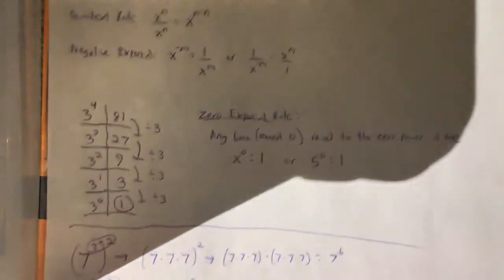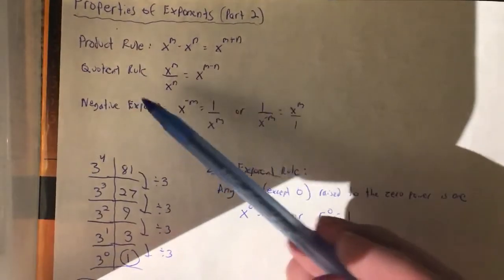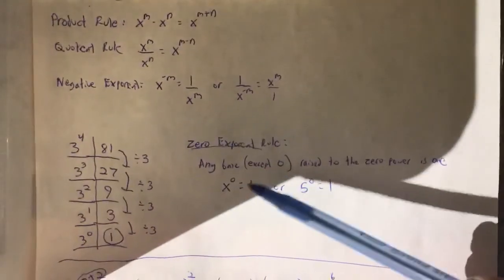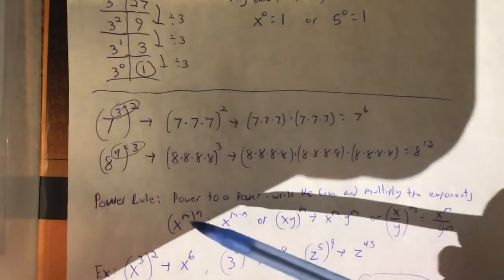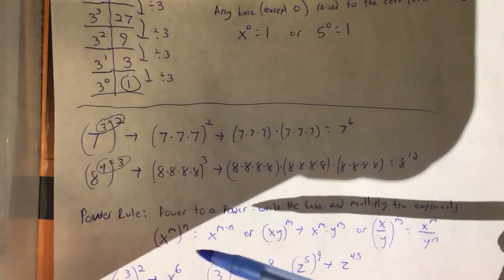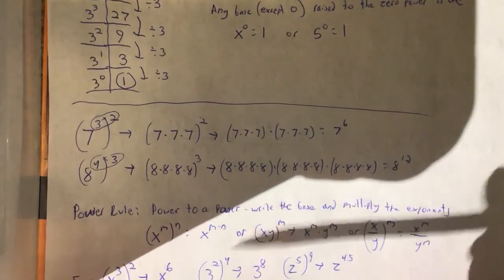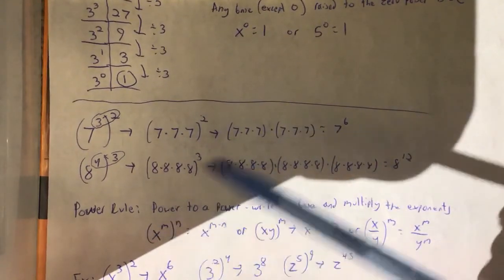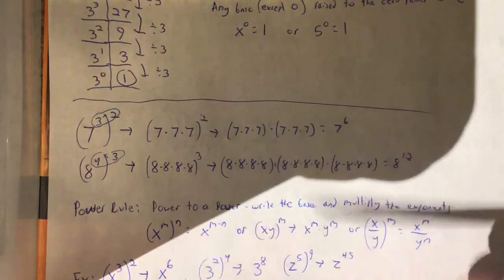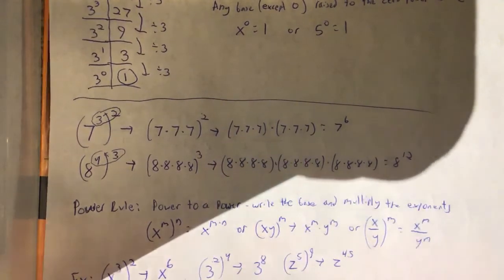So again, you now have 5 properties: the product rule, the quotient rule, your negative exponent rule, your 0 exponent rule, and your power rule. Please apply these 5 properties whenever you have any exponent type question. Again, your goal is to not have negative exponents in your answer and to simplify as much as possible.